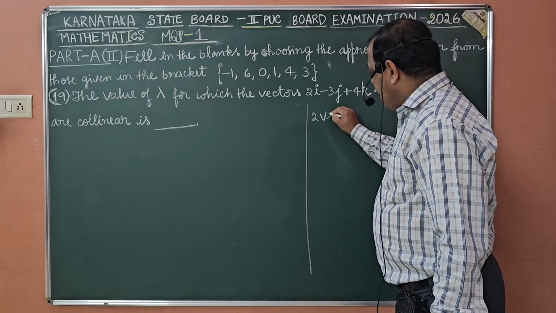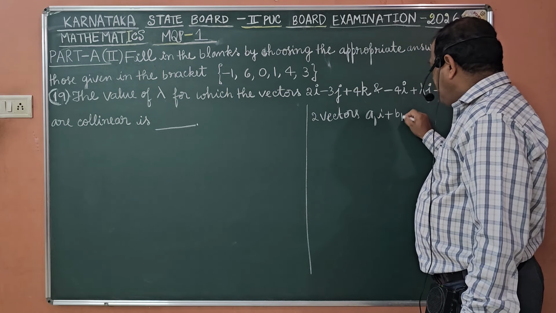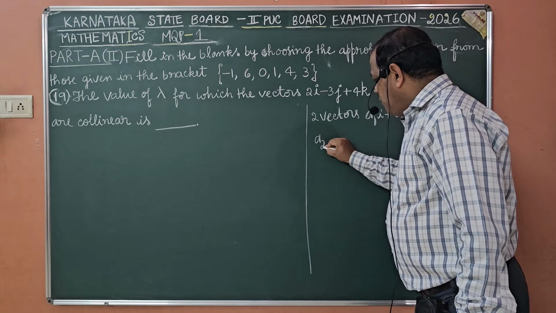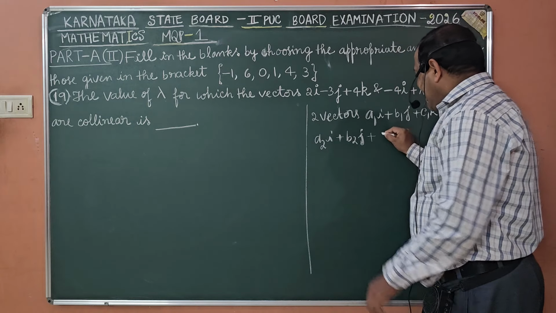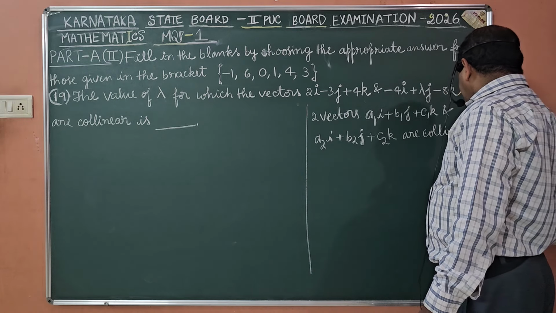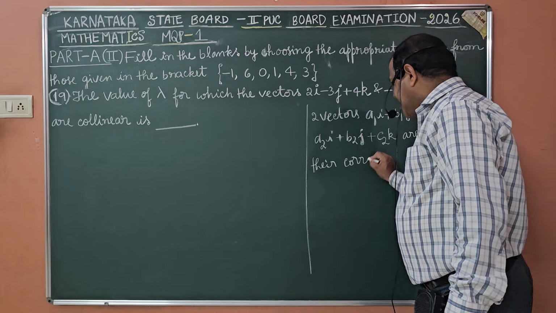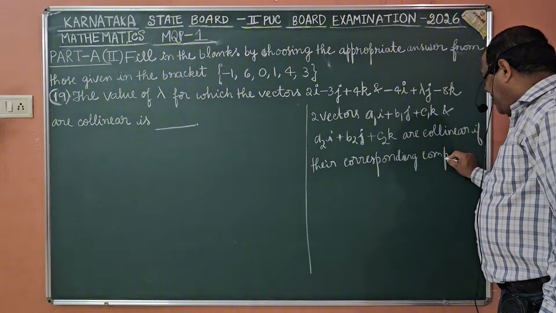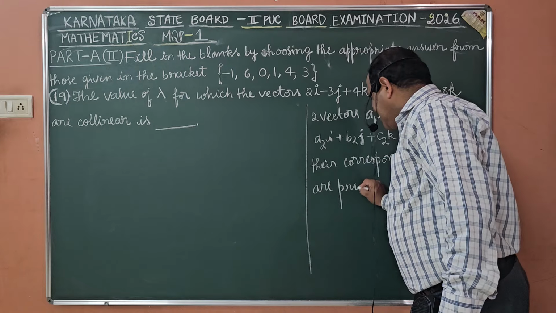Say two vectors a1 i cap plus b1 j cap plus c1 k cap and a2 i cap plus b2 j cap plus c2 k cap are collinear if their corresponding components are proportional. So this is the result.